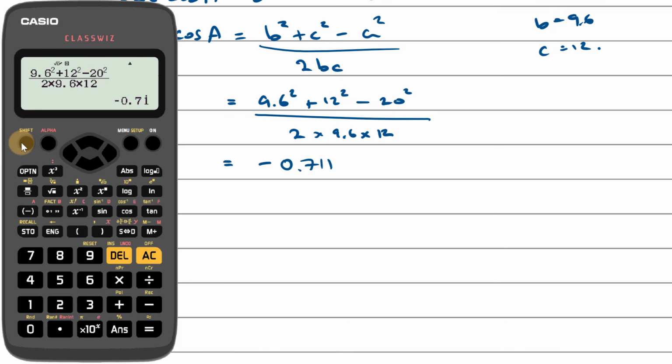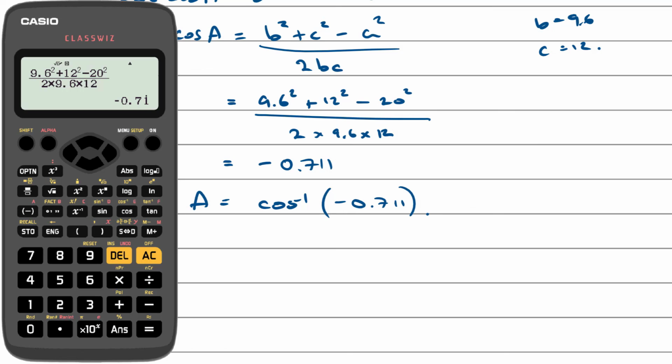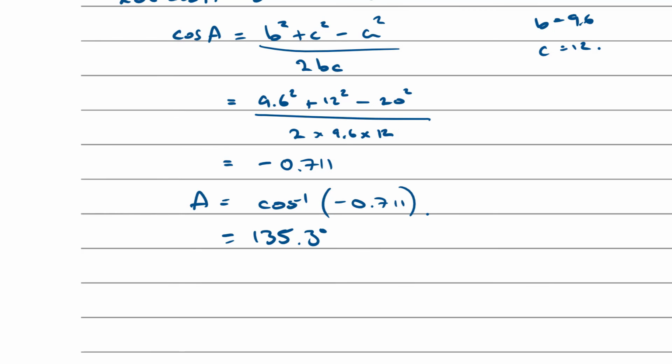I'm just going to write down the first couple. But it's a cosine, so we want A, don't we? So we want to find the inverse cosine of that. So A is going to be the inverse cosine of minus 0.711. What's that then? So shift cos answer. Now that comes out to be 135.3 degrees.